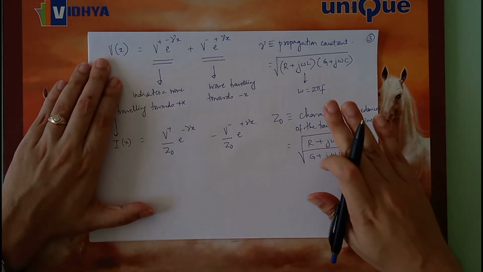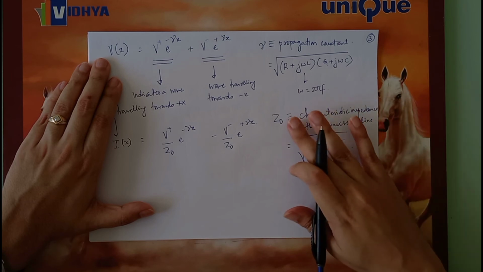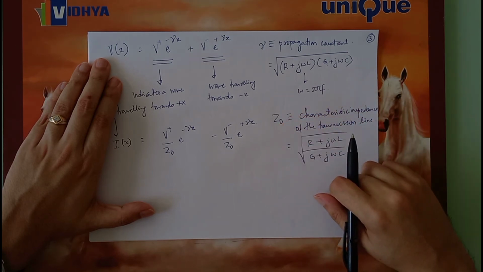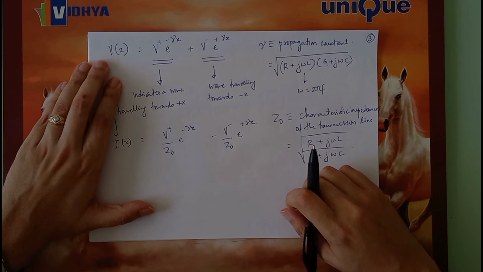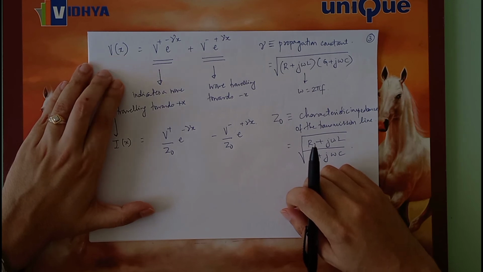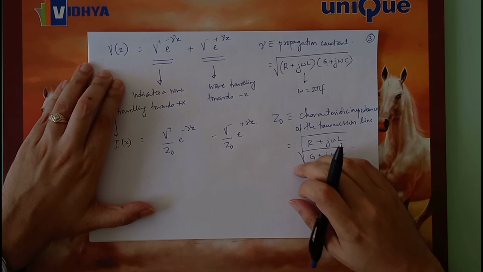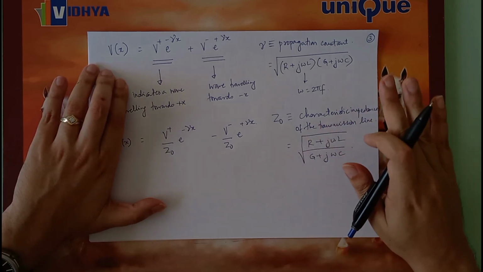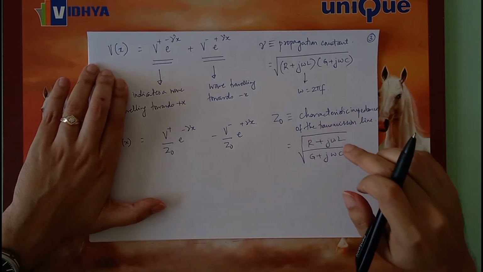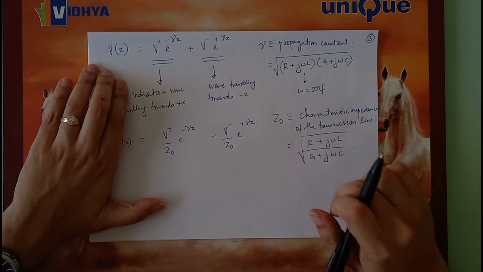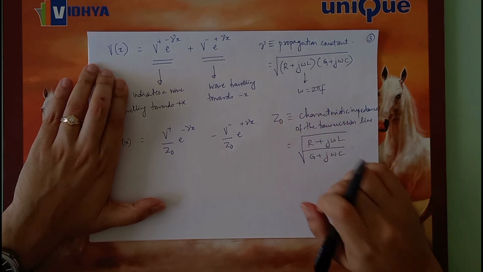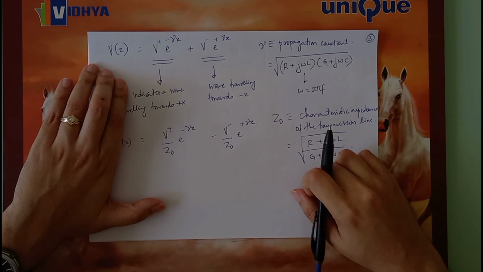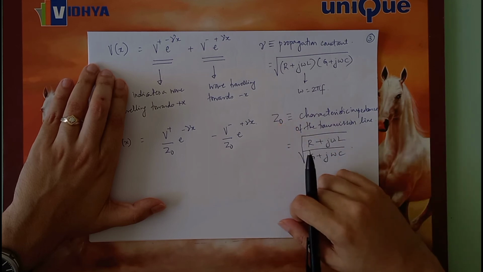Now, we have defined this quantity Z0. You already know about this quantity Z0 from your previous year's electromagnetics courses. But it is important to define using simple English what Z0 is.